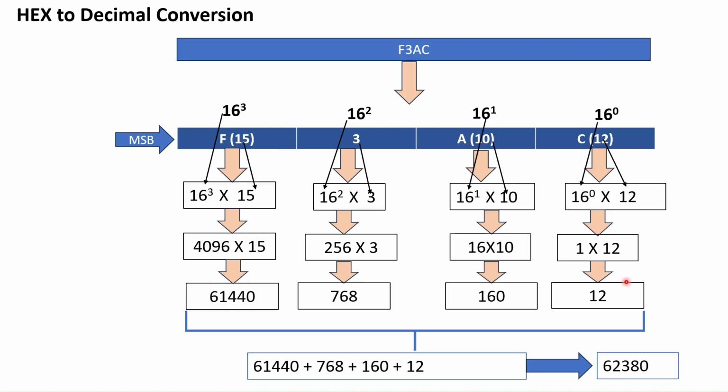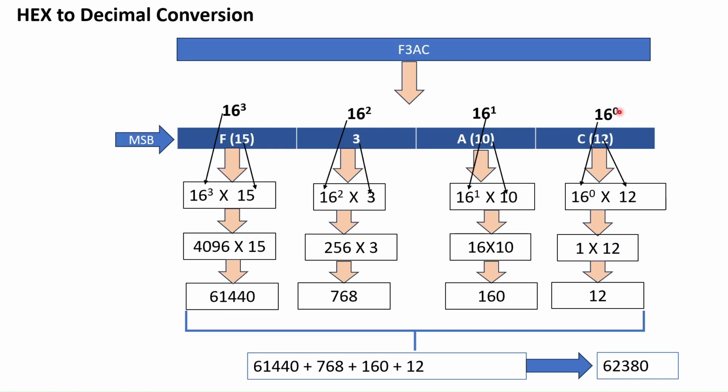So what we have to do: once you get the hexadecimal number, you split it like this, from right to left. The rightmost digit's position value is 16 power of 0, the next one is 16 power of 1, then 16 squared, and so on. Each digit you have to multiply with the corresponding position value.